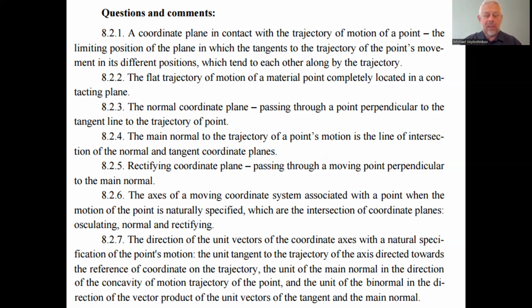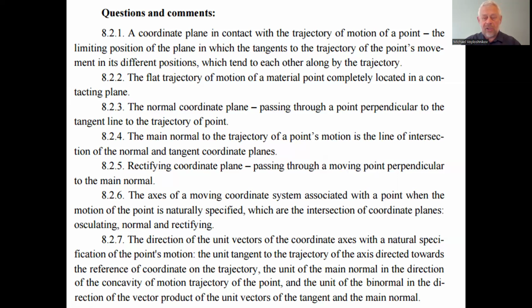8.2.3 is the normal coordinate plane, passing through the point perpendicular to the tangent line to the trajectory of the point. To find the normal coordinate plane to the trajectory of the motion, we have the tangential axis in the direction of the motion of the point, and the perpendicular plane is the normal plane.